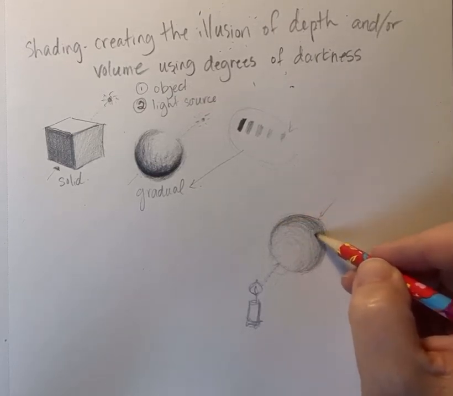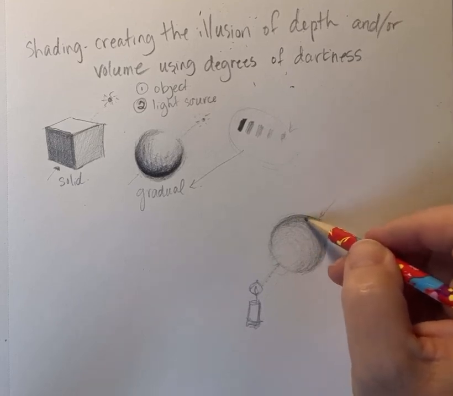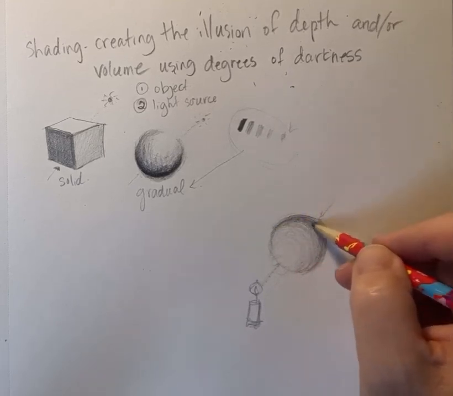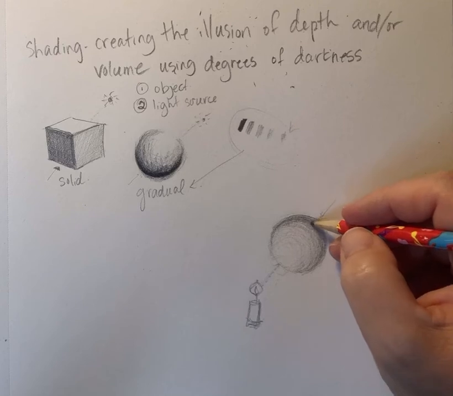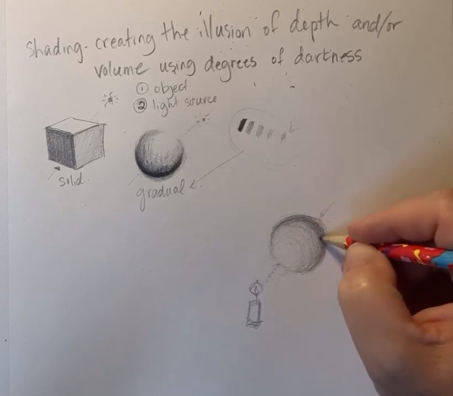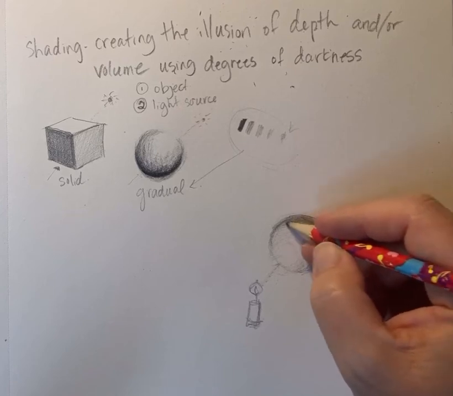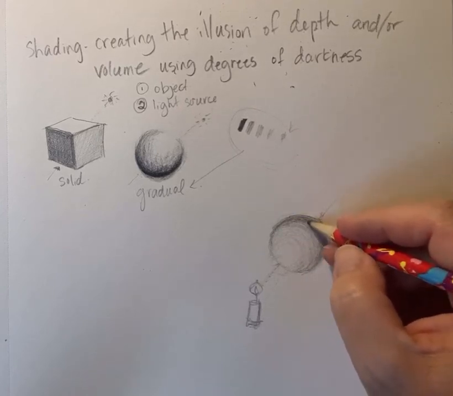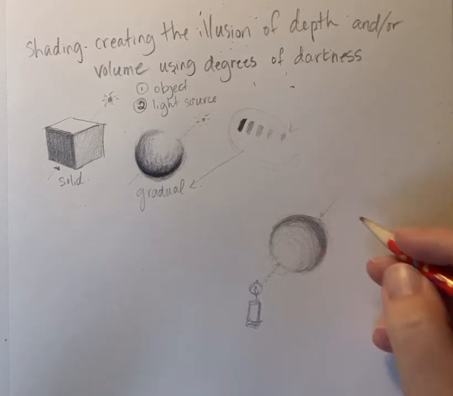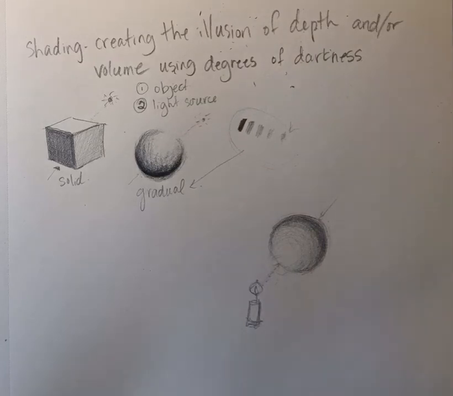And with lighting and shading, it's really easy. I'm sure a lot of you probably have something round at home, whether it's a ball or maybe a cat toy, or it could even be an apple or an orange or something like that. I would encourage you just to put it on a table, see where the light's hitting it, and start sketching that out.